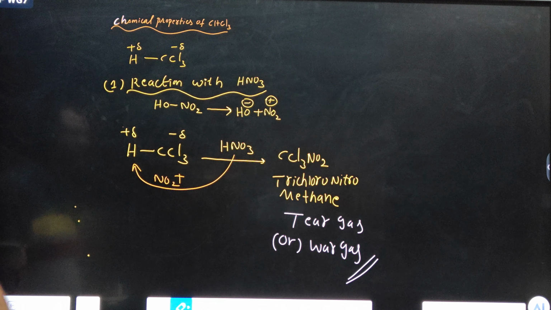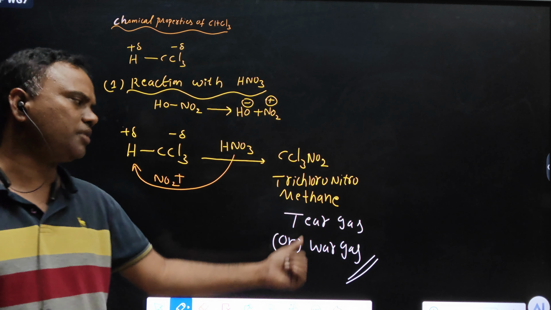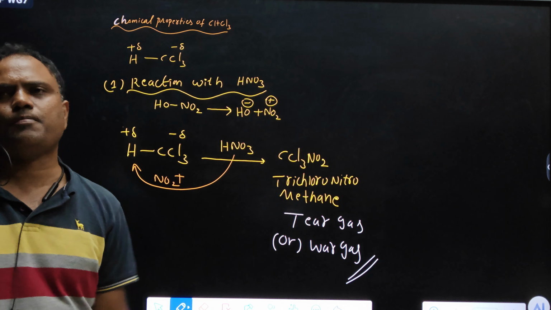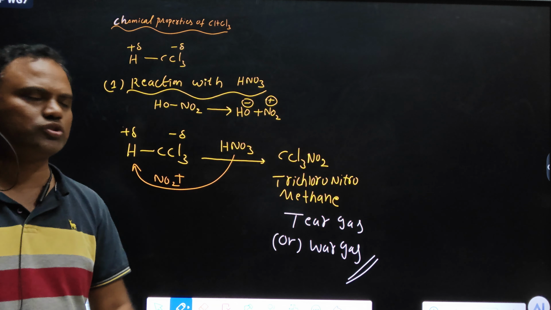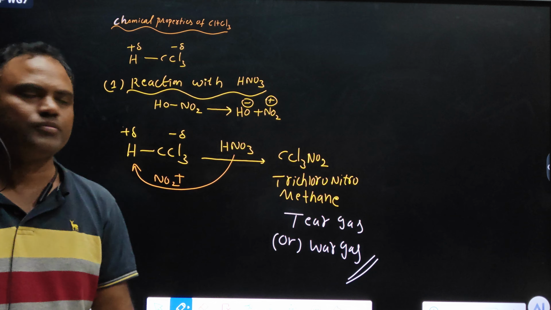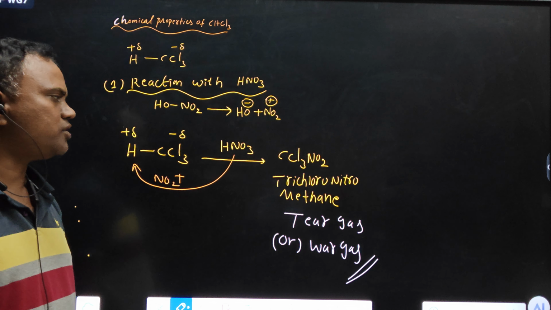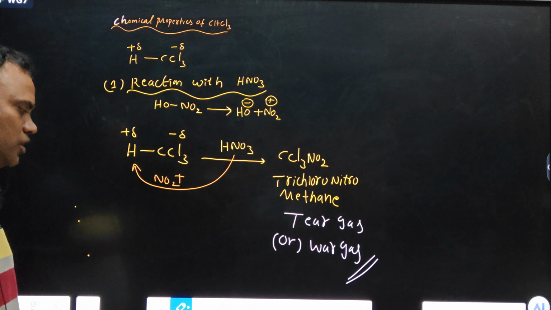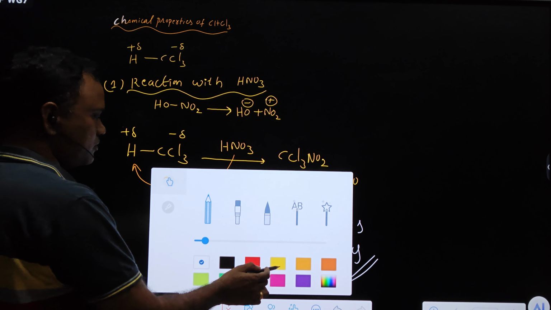So common names are important. What is the name of the product when chloroform is treated with HNO3? Tear gas or war gas. Trichloronitromethane is also called chloropicrin.